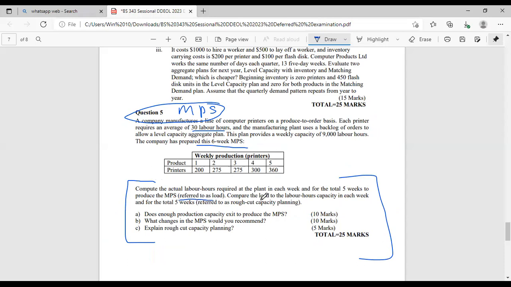Then compute the load to the labor capacity in each week and for the total weeks, referred to as the rough cut planning. Now, does enough production capacity exist to produce the MPS? So from here, we are using the 30 labor hours and the printers, their weekly productions are given in the question. So we can find what goes on here.